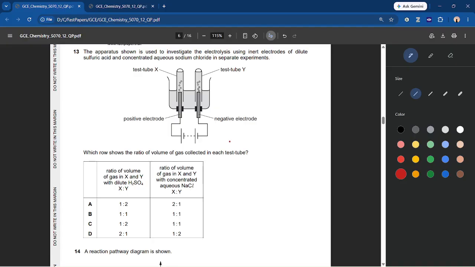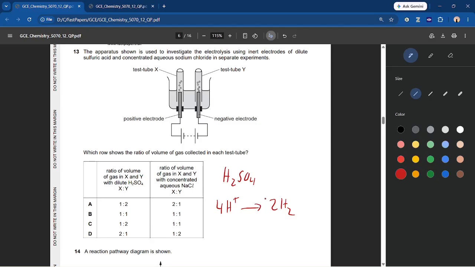So we're investigating the electrolysis of dilute sulfuric acid, H2SO4. The way the reaction goes is you're going to have 4 hydrogen ions becoming 2 moles of hydrogen gas.